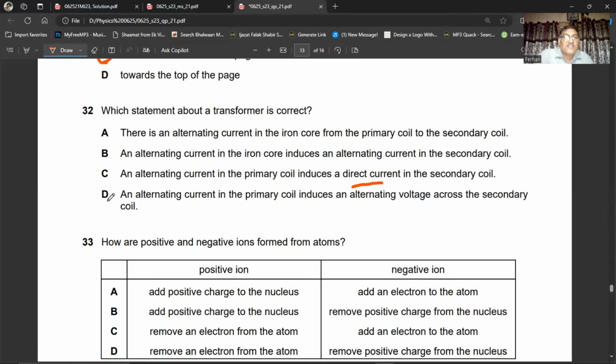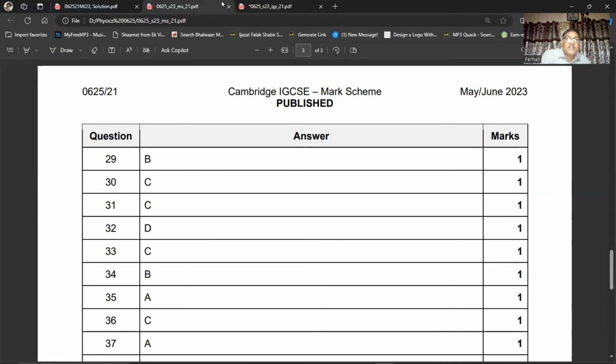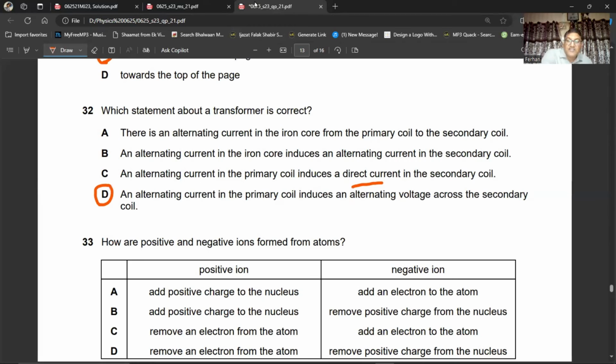So the right choice will be: an alternating current in the primary coil induces an alternating voltage across the secondary coil. Sorry, this is the answer, sir. D. D is the answer, sir. Not direct current. The alternating current is induced in the secondary coil. An alternating current in the primary coil induces an alternating voltage across the secondary coil. So D is the right option. Question number 32, D is the right option.